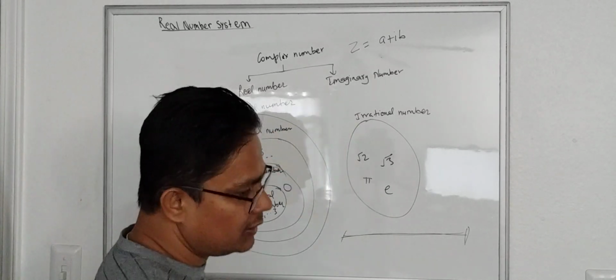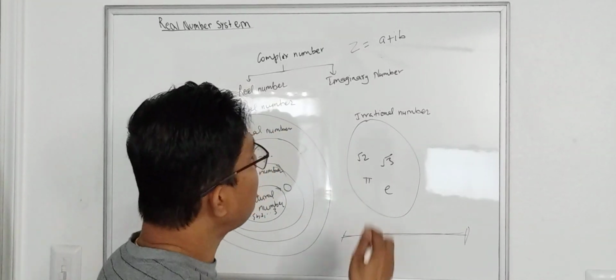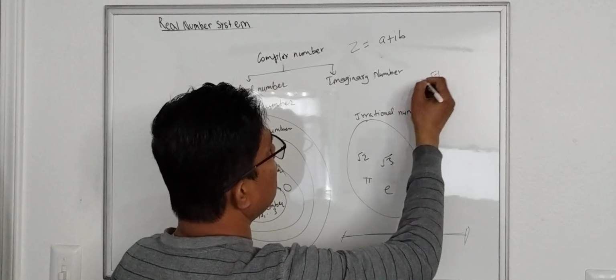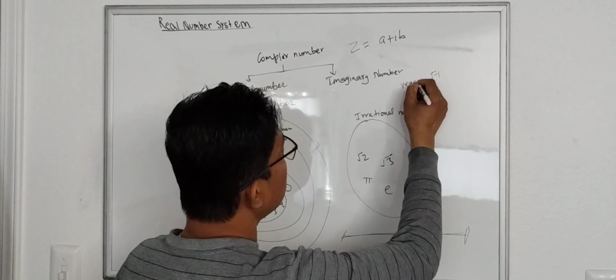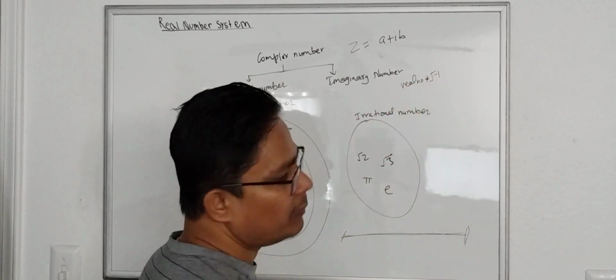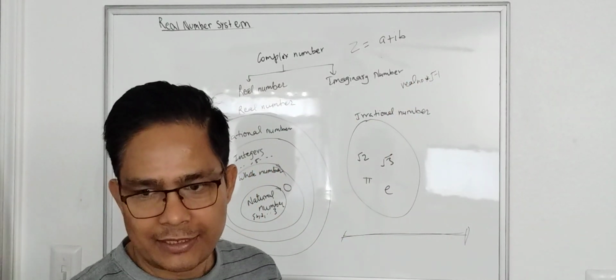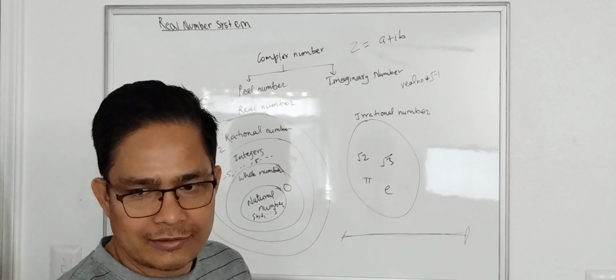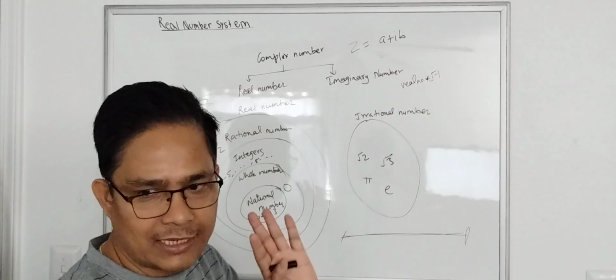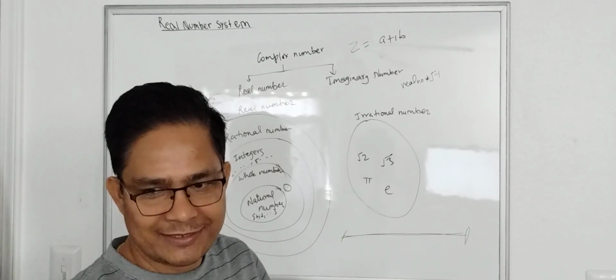What is an imaginary number? You can write an imaginary number in this form: any real number multiplied by the square root of -1. The square root of -1 multiplied by any real number will become your imaginary number.